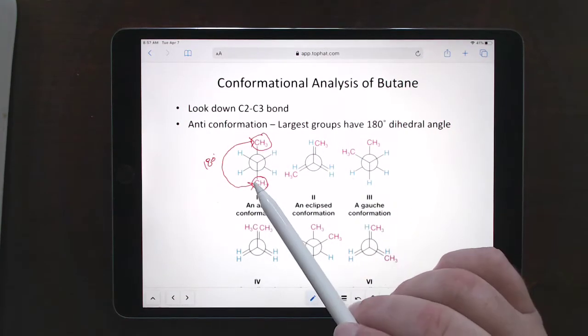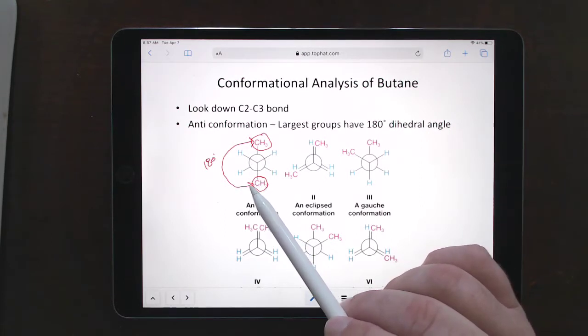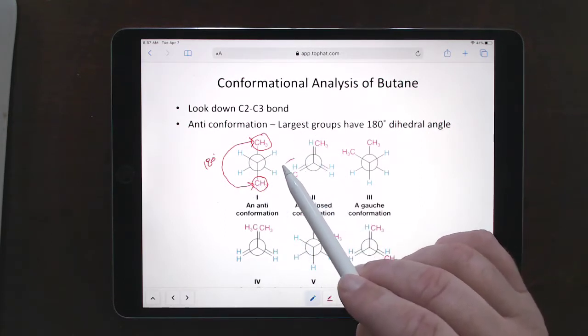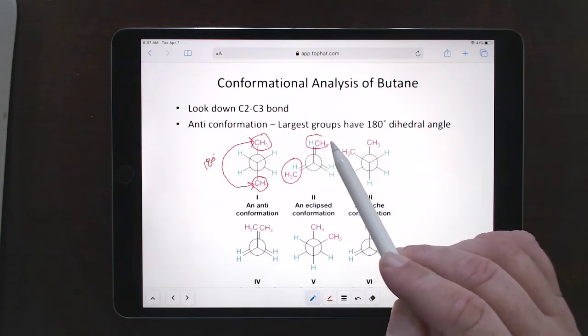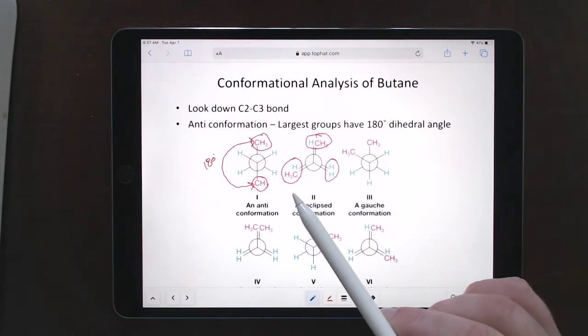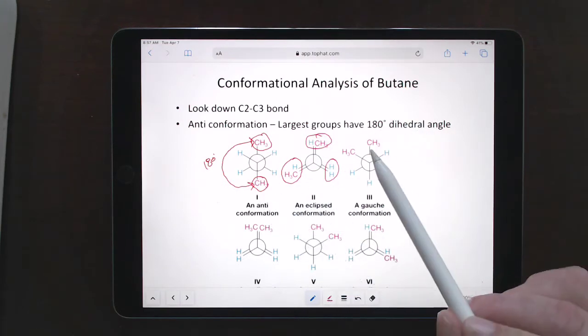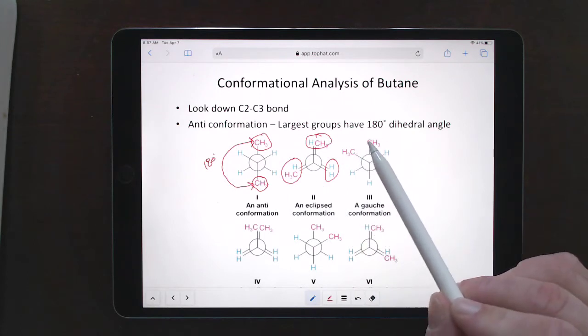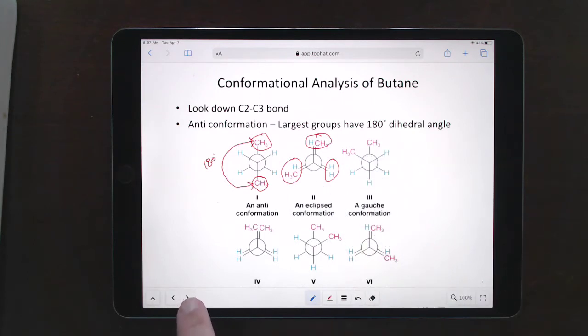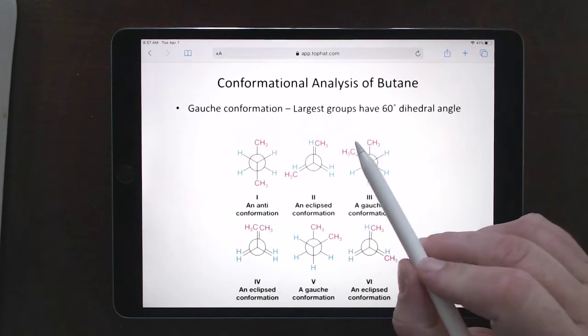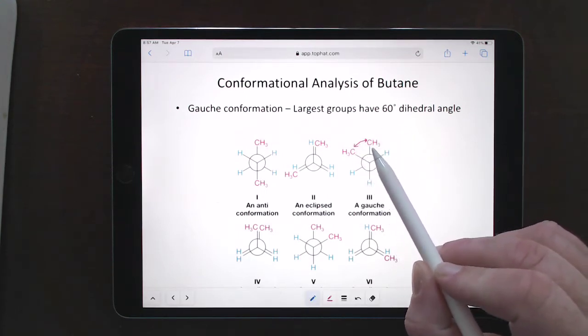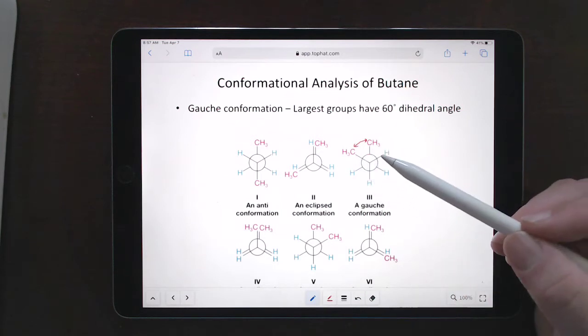But as we rotate this one around, this comes here. Now you've got eclipsing interactions here, here, and here. As we rotate around, now we're starting to get into this right here. You say, oh, they're staggered, so they shouldn't interact.